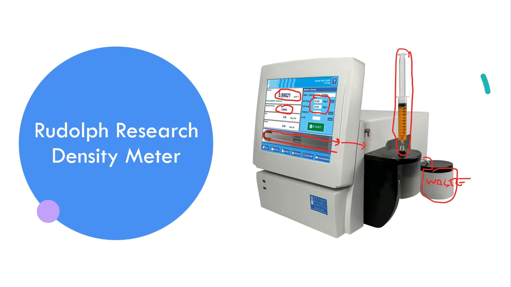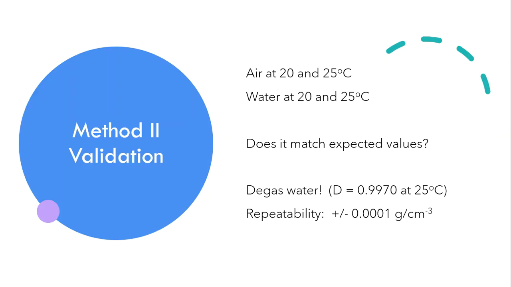Finally, we have to validate the machine. We have to make sure that the machine is actually working the way that it needs to work. And we've got to have proof in the pudding that, yep, we checked it. It's looking good. It's registering the right density numbers. We're not going to question any of this data at all. So in order to make sure that this instrument is actually working the right way, they will often go through a validation procedure.